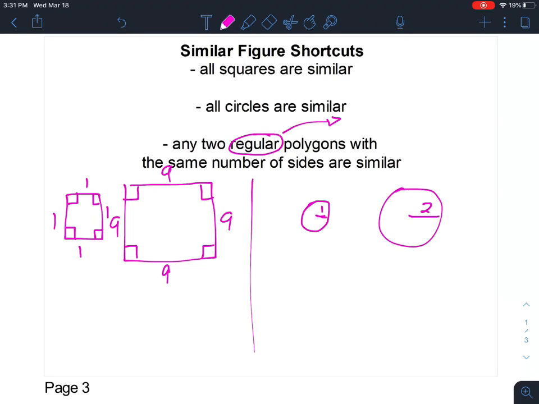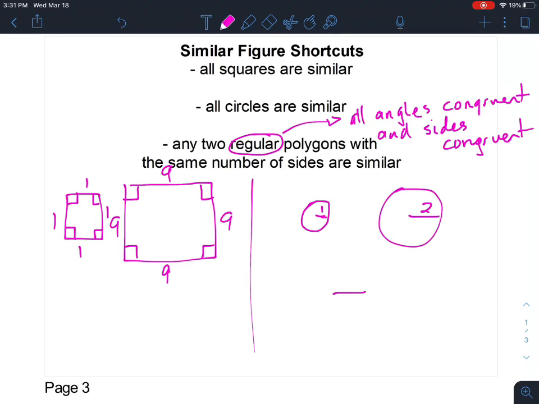Just as a reminder, the word regular means that all angles are congruent and all sides are also congruent. So for a regular polygon, for example, if I were to draw a hexagon, my drawing's not the greatest, but it's supposed to be a standard hexagon that you might imagine.